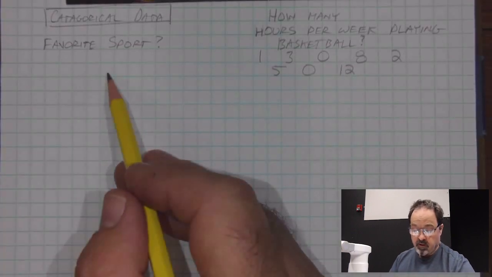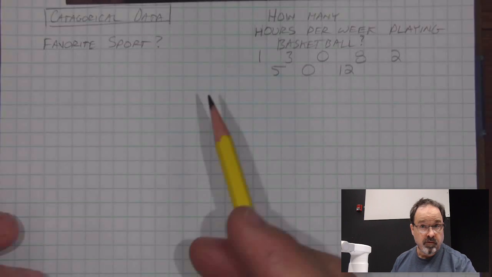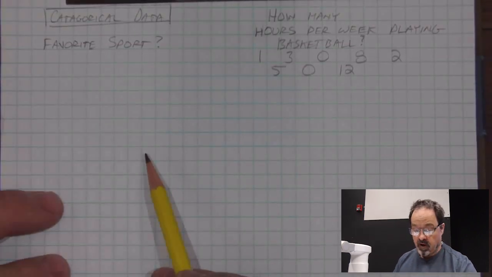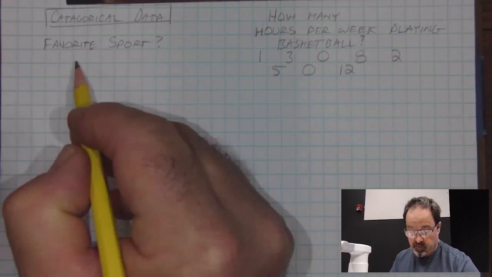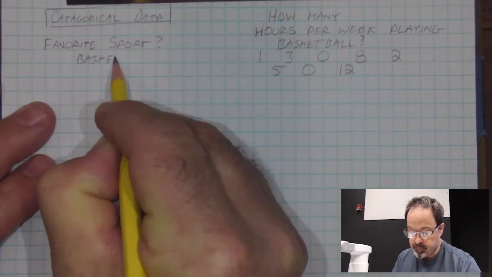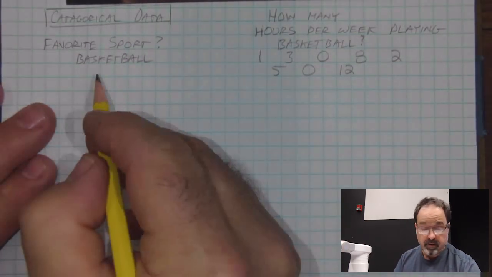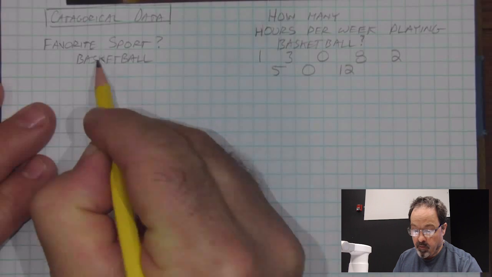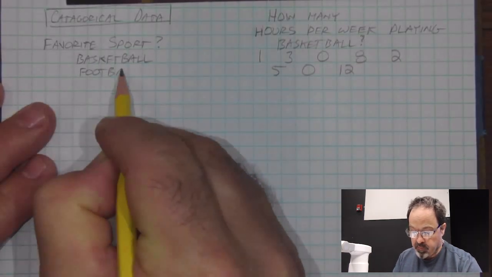This kind of data, information collected through a survey or through measurement, is numerical data. This question here, favorite sport, has answers, but the answers that you would get to a question like this are not going to be numerical. An example of answering this question, somebody might say basketball. In order to produce more data, let's imagine asking more people what their favorite sport was, and we would get some responses.